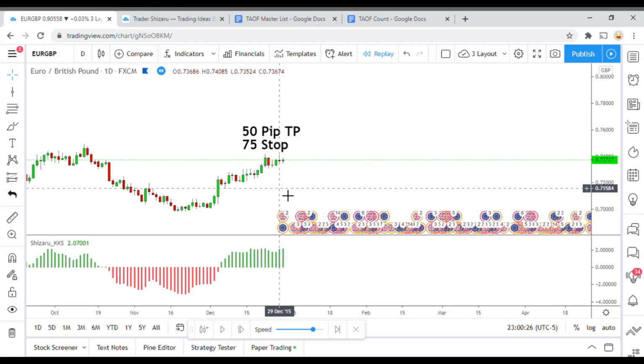And so again, TradingView has a great paper trading account built into it. I do believe that you have to have a paid version. I'm not sure off the top of my head what level you have to have.